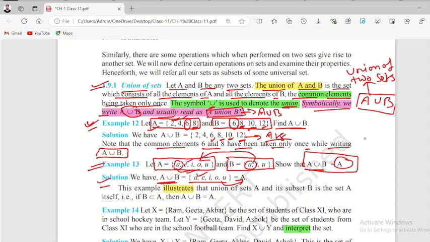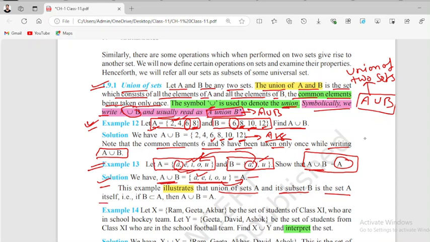And element e is present here but not here, but it also comes here. Element i is present in the set A, and element i is also present in the set B, so it also comes in this. So this whole A union B is equal to the set A. This example illustrates that the union of a set A and its subset B is the set A itself.